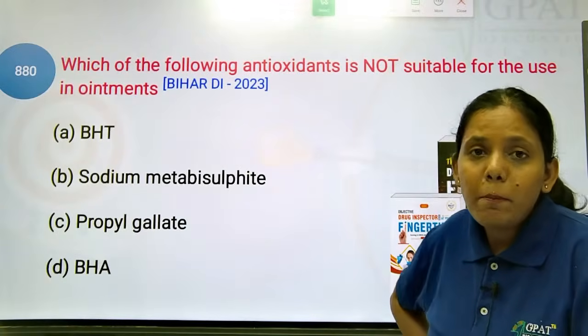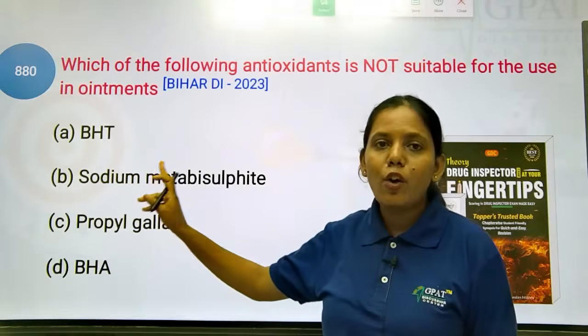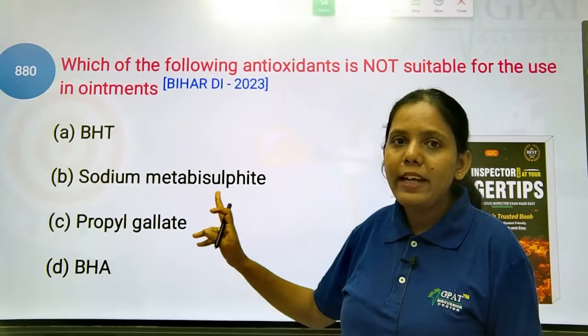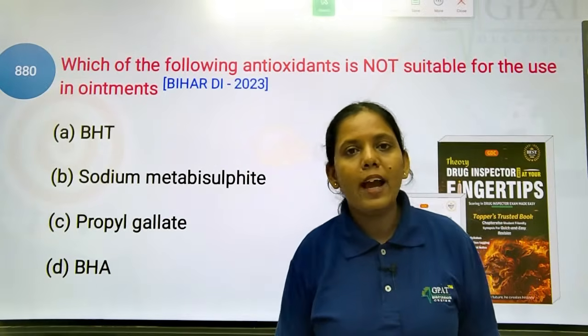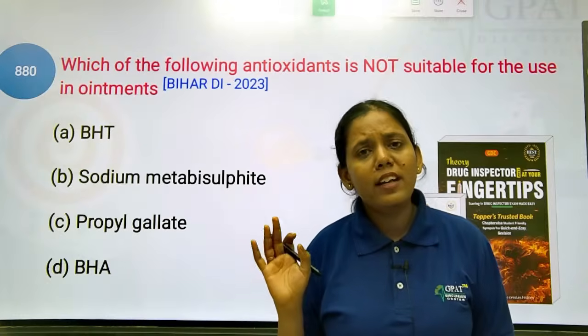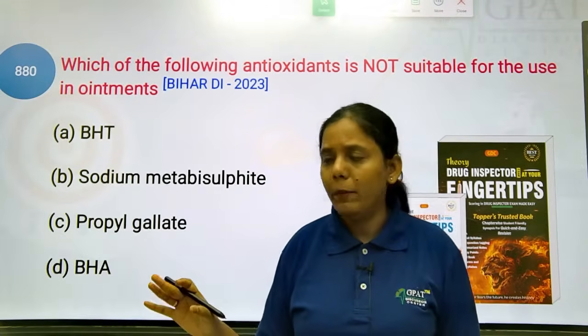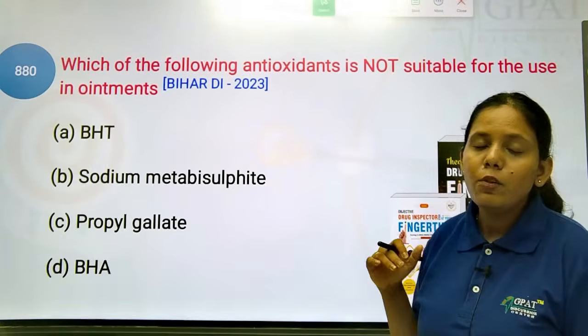Very good. Sodium metabisulfite. Remember, BHT is butylated hydroxytoluene, propyl gallate is from gallic acid, and BHA is nothing but butylated hydroxyanisole. They are oil soluble antioxidants and you can use them in the ointment. But sodium metabisulfite is water soluble.